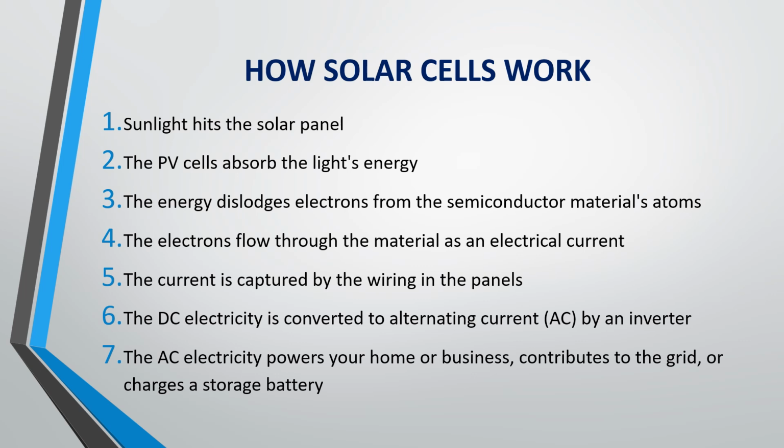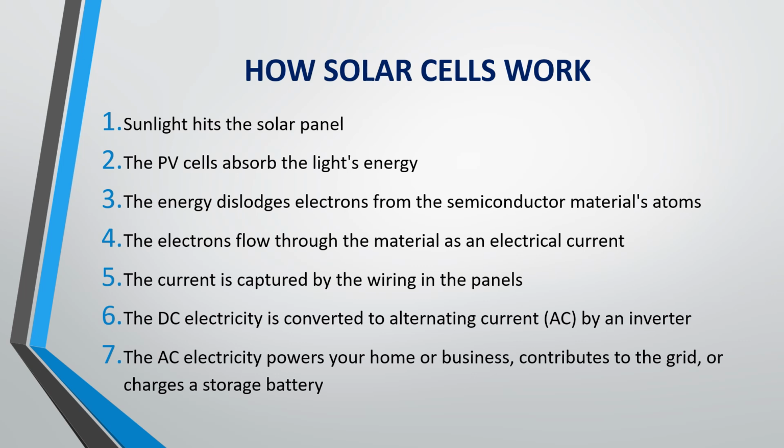How do solar cells work? Sunlight hits the solar panel, the photovoltaic cells absorb the light energy, and the energy dislodges electrons from the semiconductor material's atoms. The electrons flow through the material as an electric current.